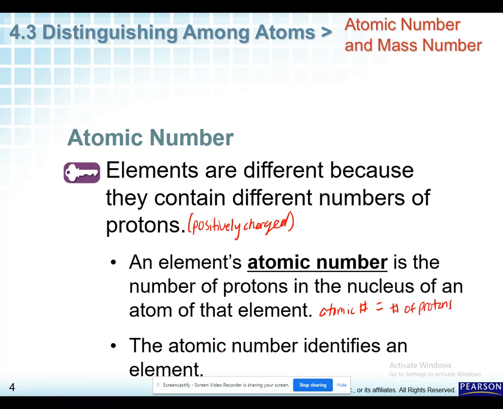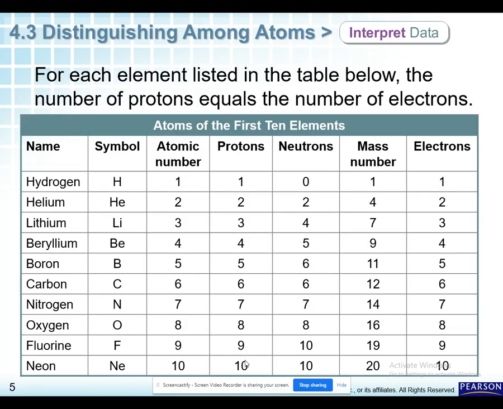And in fact, the atomic number identifies an element. If I said something had the atomic number 17, it's always going to be the element that has 17 protons. So if you change the amount of protons, you actually change that element. So the atomic number identifies the element. For example, hydrogen's atomic number will always be 1.